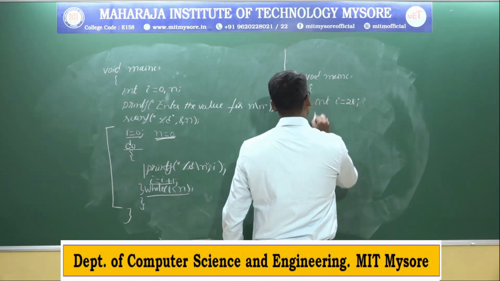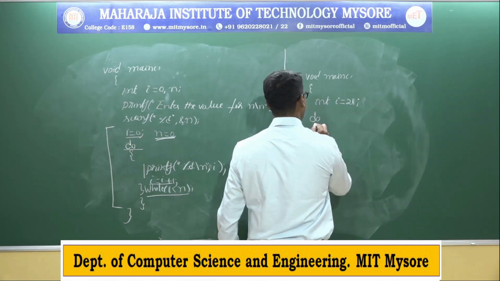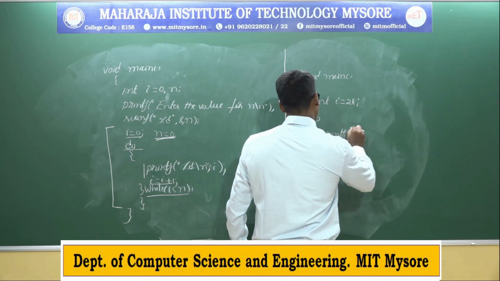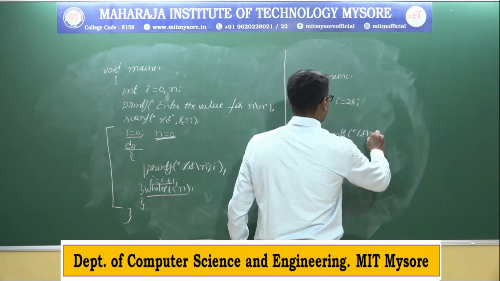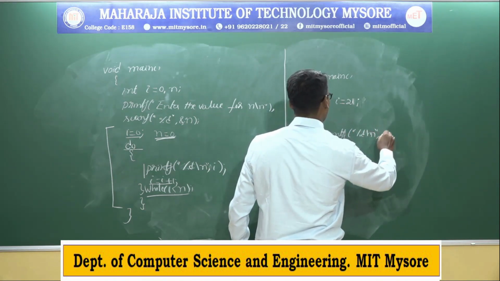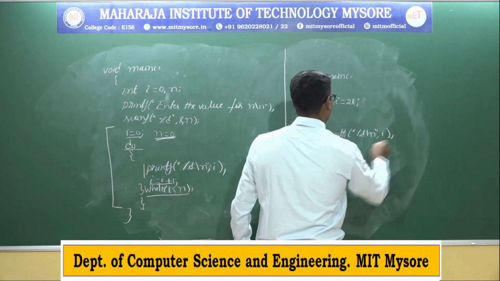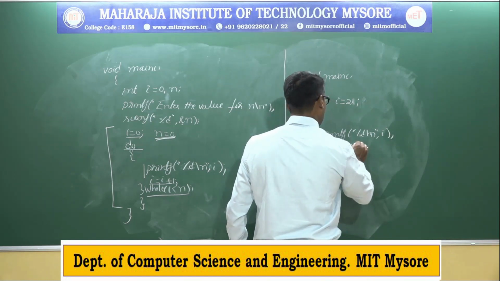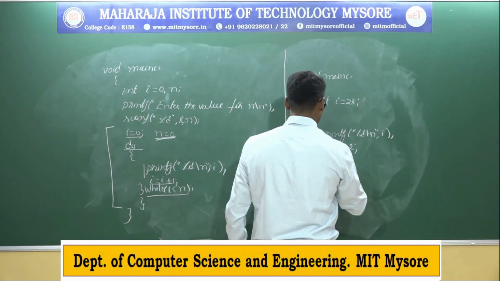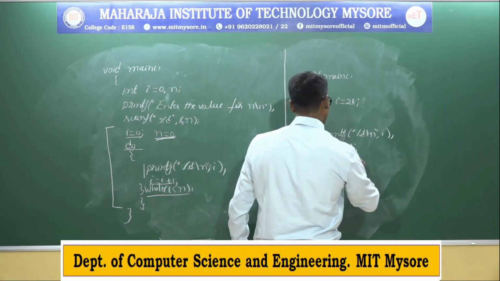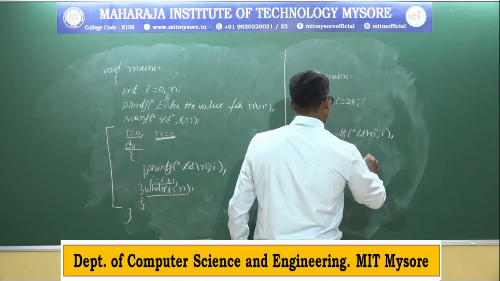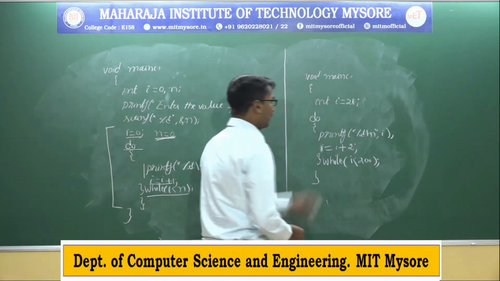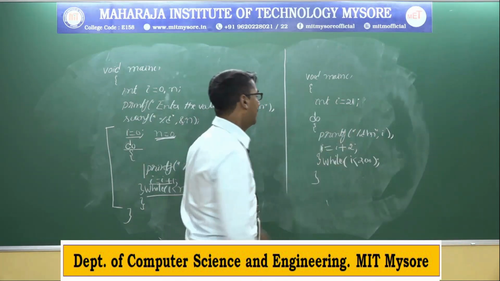So do, so here I have set i is equal to 21, do printf %d slash n double quote close comma i. Then i is equal to i plus 2, while i less than 200 semicolon.